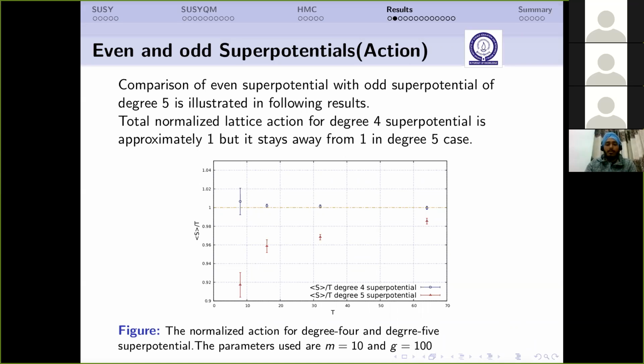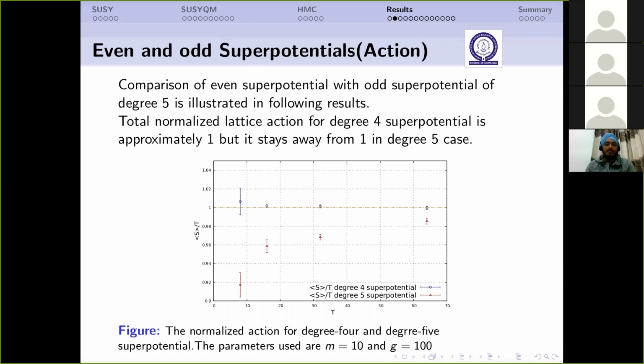As the number of lattice sites increases, it might look like it converges to one, but that's actually not the case, because this is a normalized action. The first point is for 8 lattice sites and the last point is for 64 lattice sites, so the actual difference from the total number of lattice sites was increasing.